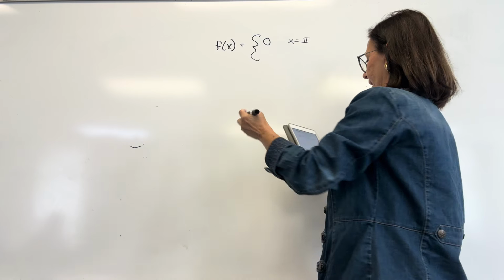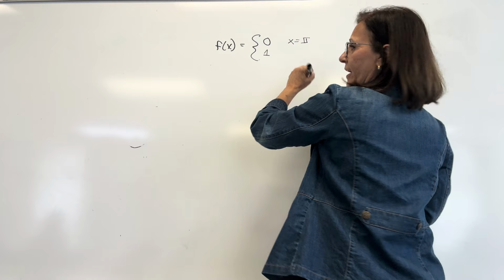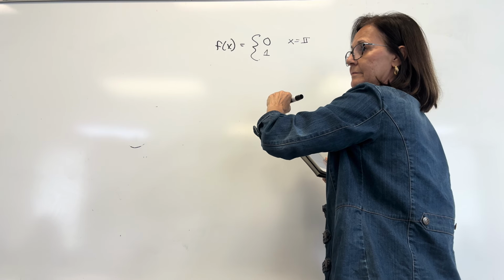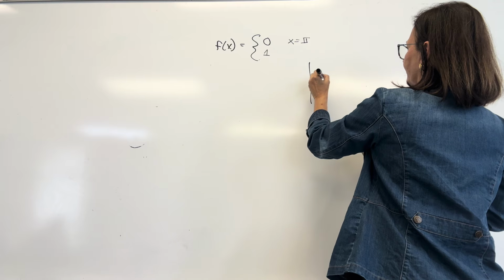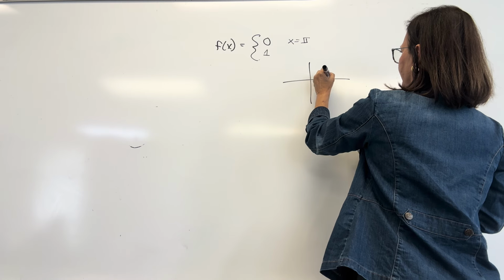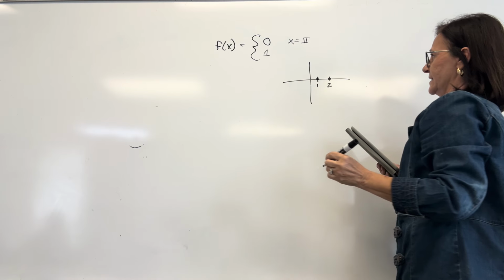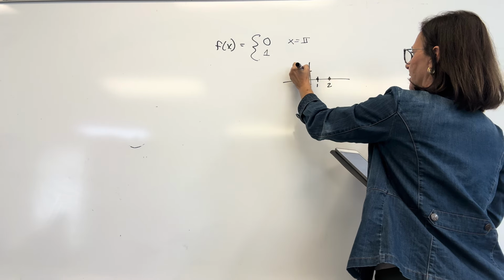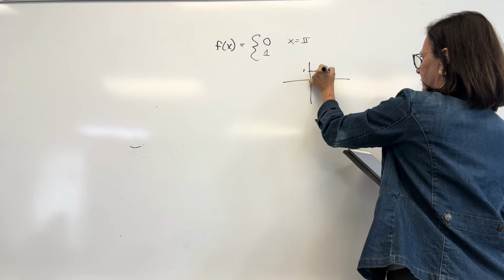And y is 1 all the other times. So if we were to graph this, it's 0 when it's an integer, but it's 1 every other place.